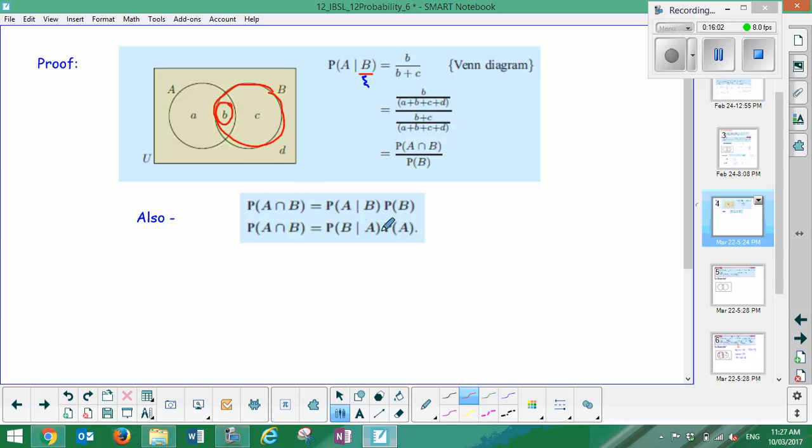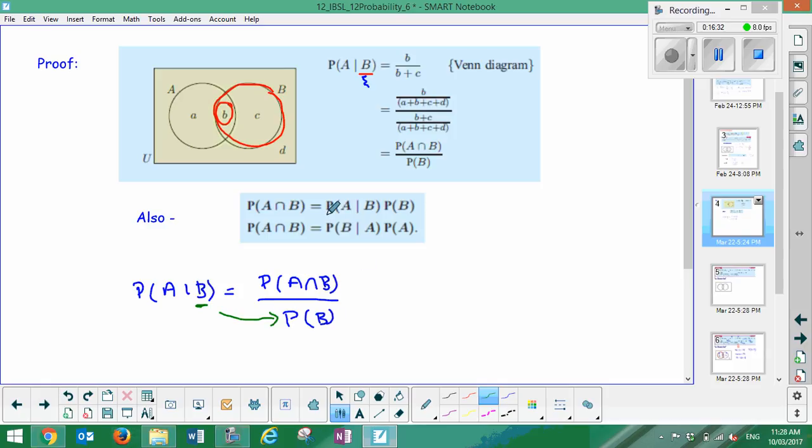This formula here is basically the rearrangement of the initial formula we were looking at. So the probability of A given B equals the probability of A and B divided by the probability of B. Whatever is here is on the denominator.